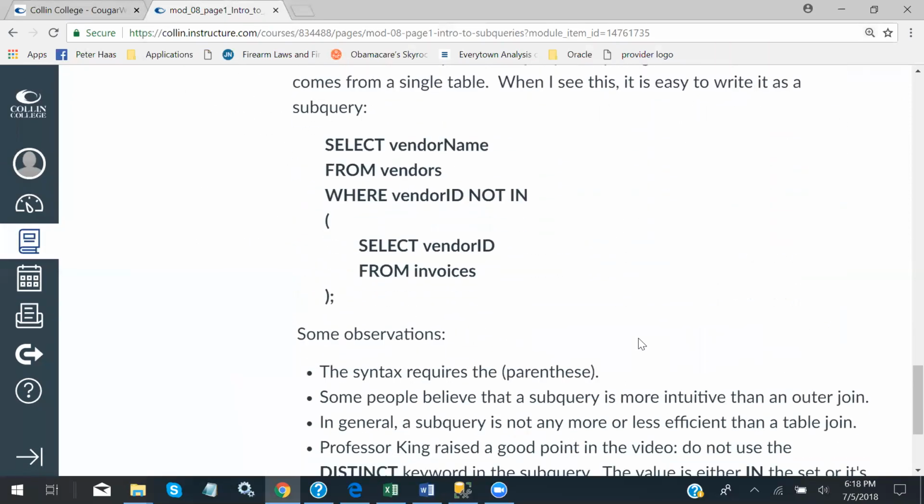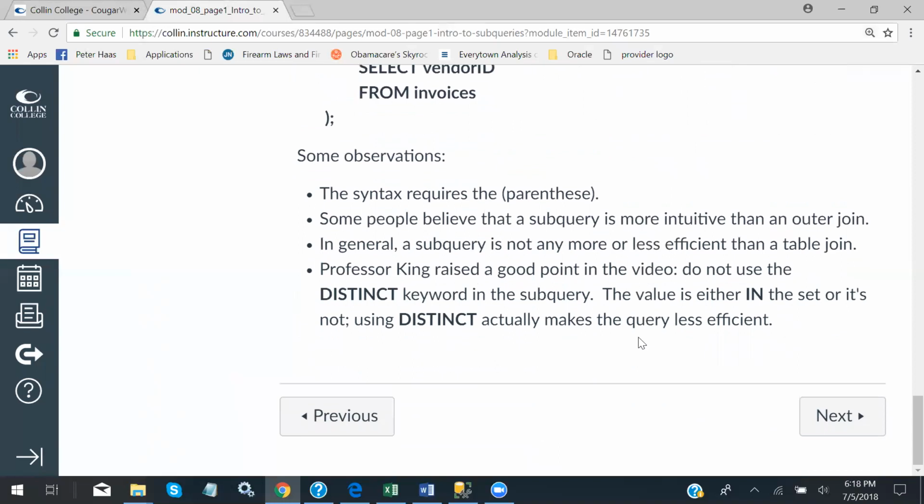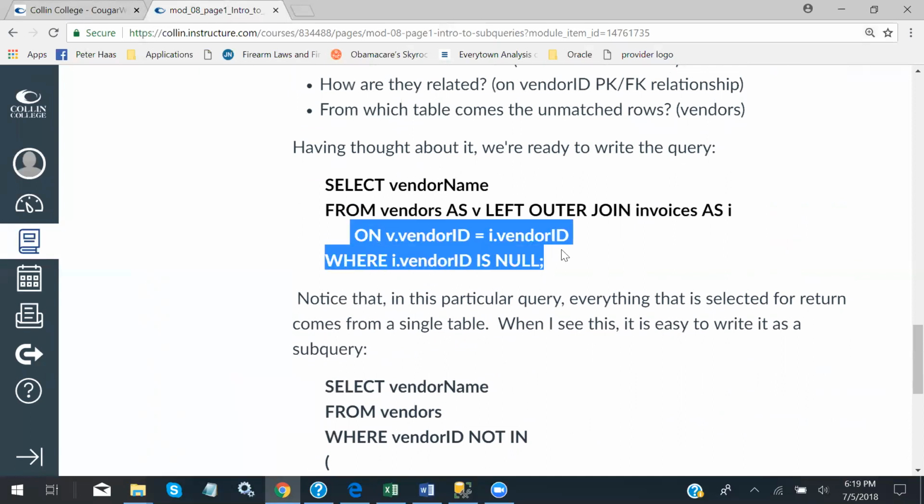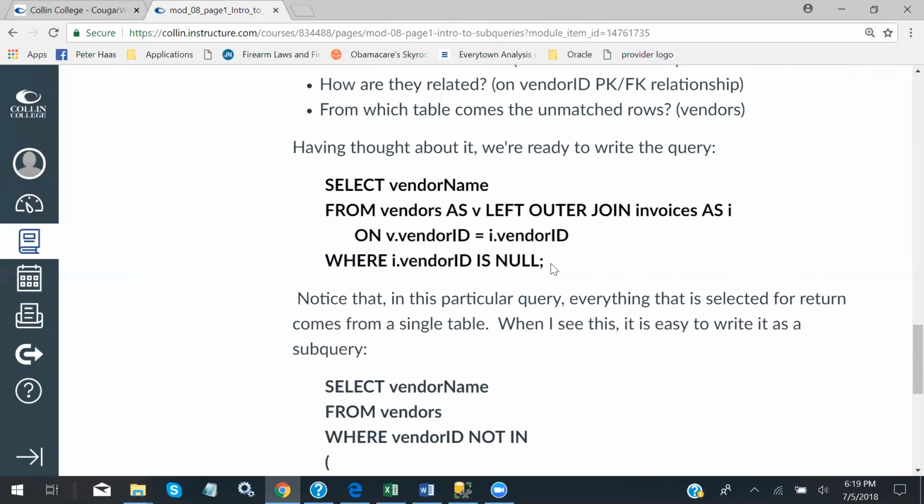Can I point out another thing? Going up to that query with the inner join, where v.vendor ID is equal to i.vendor ID, that's the join field, the join condition. Underneath that, where i.vendor ID is null, can both lines be satisfied?